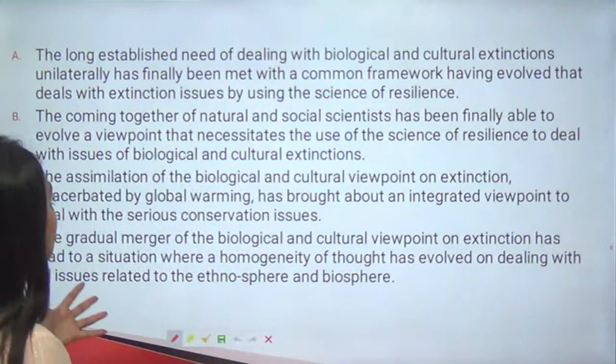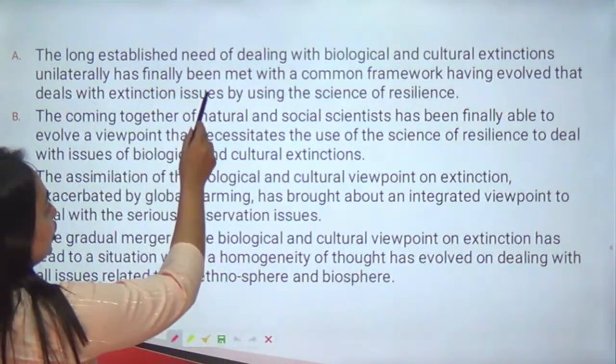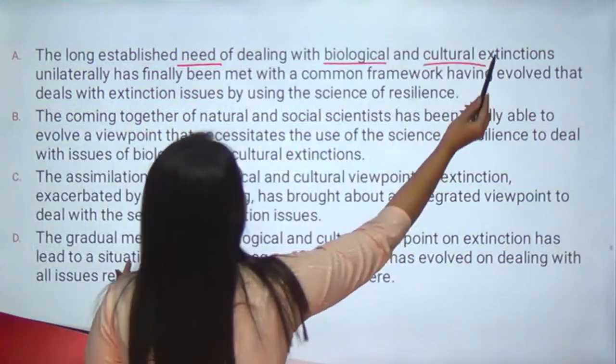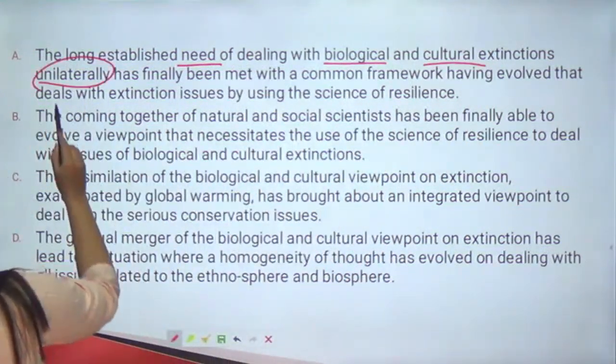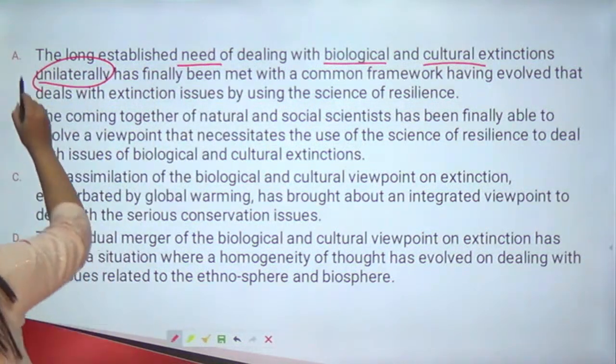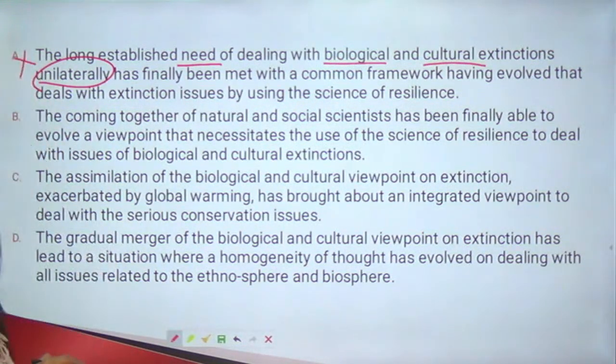Look at this. He himself is saying that the long established need for dealing with these two branches or extinctions unilaterally is finally now met. So it's completely against the argument that the author put forward in the passage.